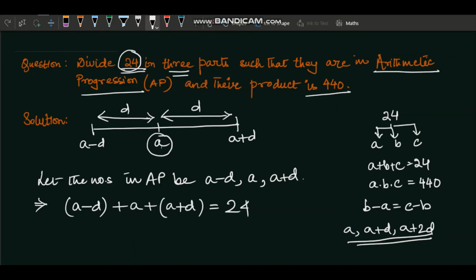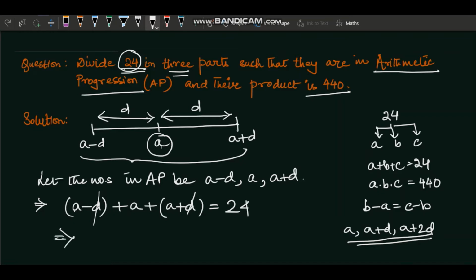What do you see? You see that this D is getting cancelled, and just to bring a linear equation in one variable, we have taken the numbers to be A minus D, A and A plus D, so that D gets cancelled. So what do we get?